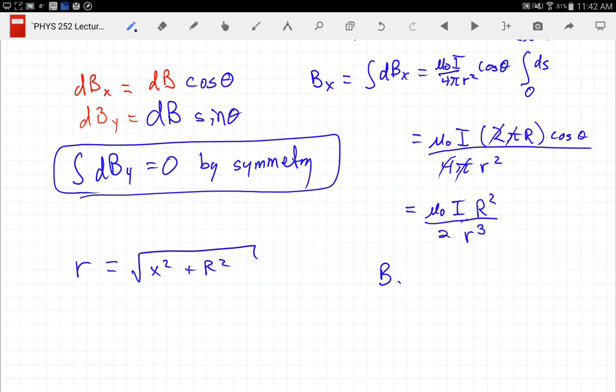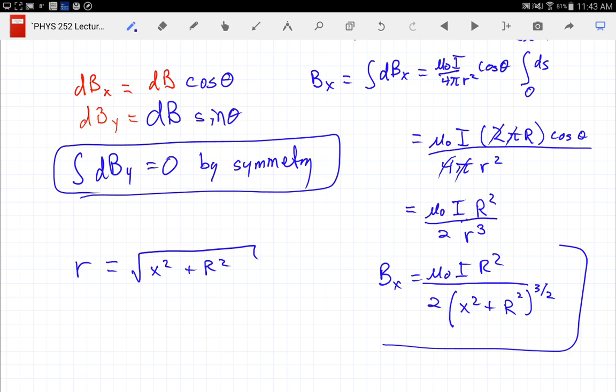And so I get Bx, I get that relationship. So, yeah, that is the correct relationship. That's the magnetic field. What's the case that you had in your homework? How does this compare to what you had in your homework?